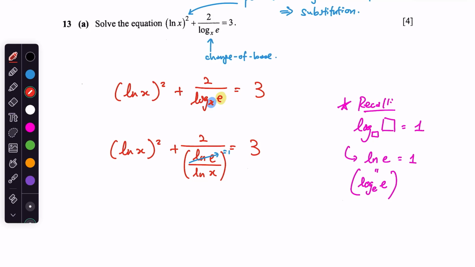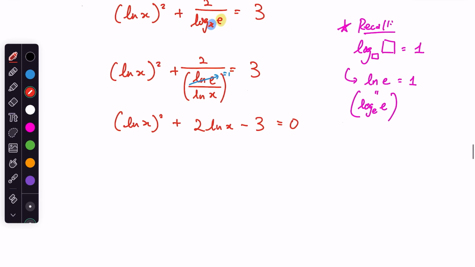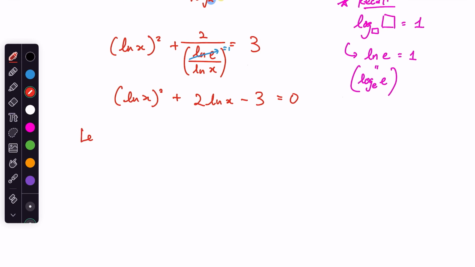I have ln x squared plus 2 ln x equals to 3, but I'm going to move it over and so it equals to 0. From here, what I'm going to do is I will let y equals to ln x. And when I let it equal ln x, I can substitute it inside the equation.